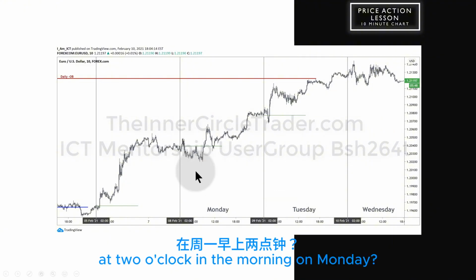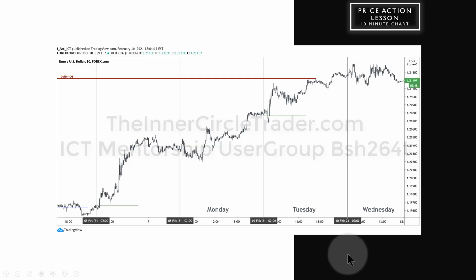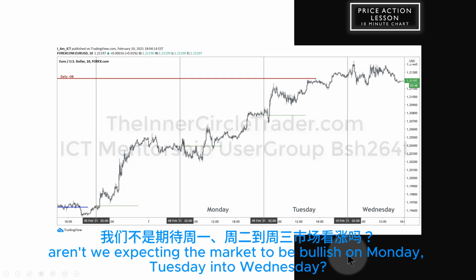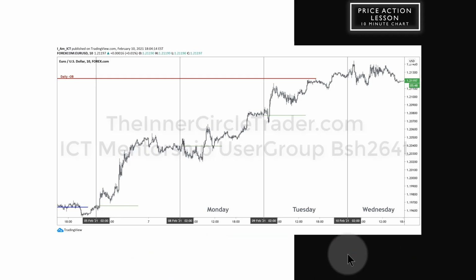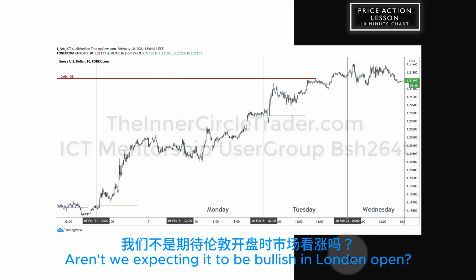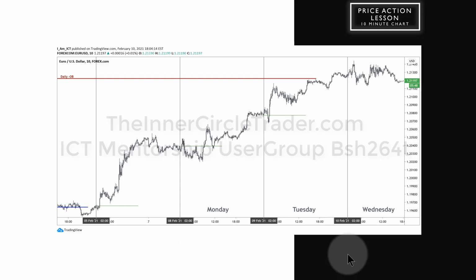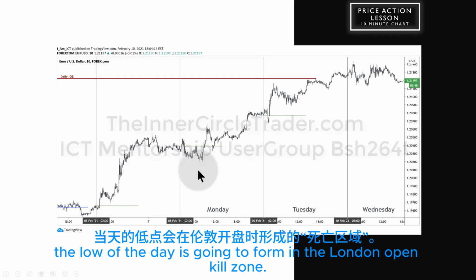At 2 o'clock in the morning on Monday, if we're bullish, aren't we expecting the market to be bullish on Monday, Tuesday, into Wednesday? Yes. Aren't we expecting it to be bullish in London Open? Yes. Why? Because most of the time, in bullish environments, the low of the day is going to form in the London Open kill zone.